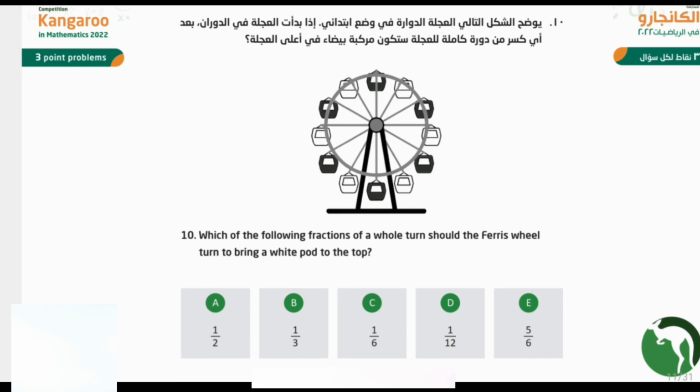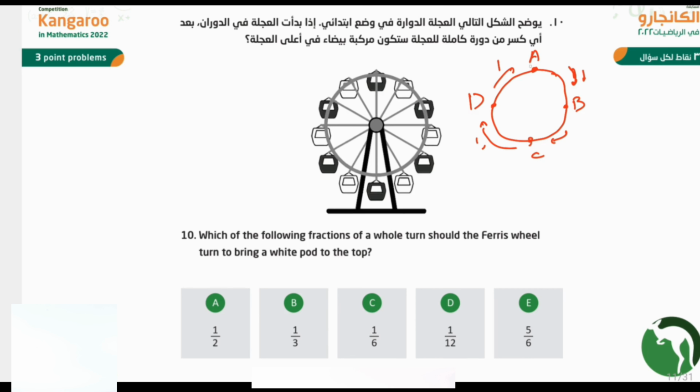In question number 10, which of the following fractions of a whole turn should the Ferris wheel turn to bring a white pod to the top? Okay, so at first let's assume we have this circle here and we have just 4 points, A, B, C, and D. Okay, now here because we have 4 points, to turn this wheel from this point, from A to B, we need just one movement here, and to C also one movement, and now here we have one movement, and here we have one movement.